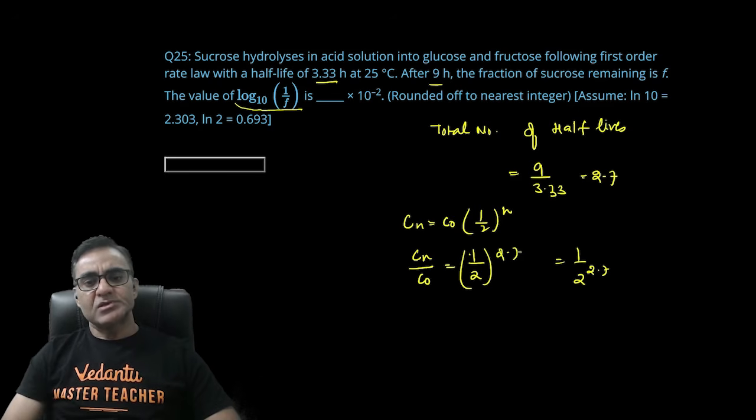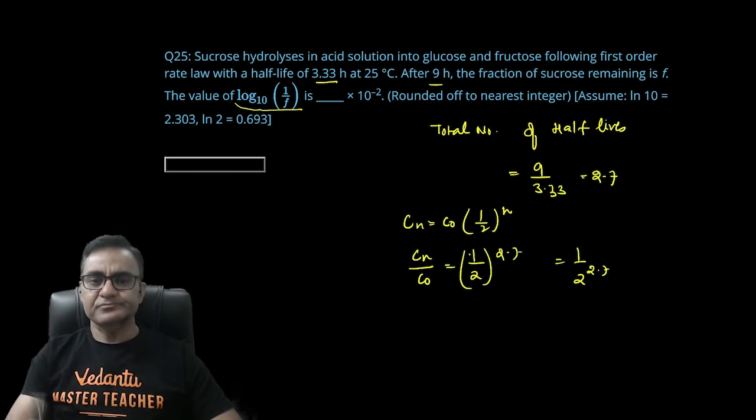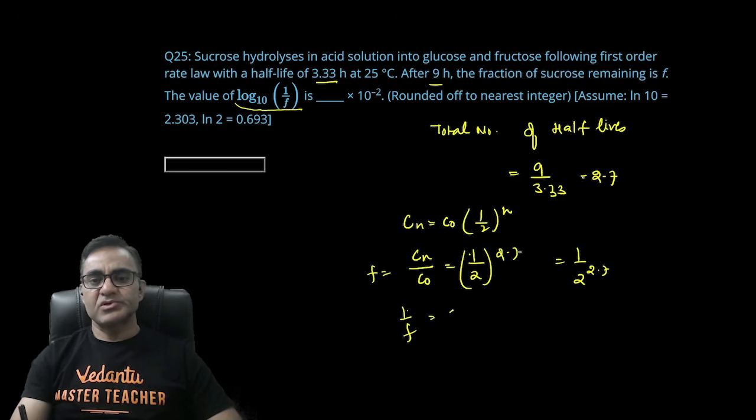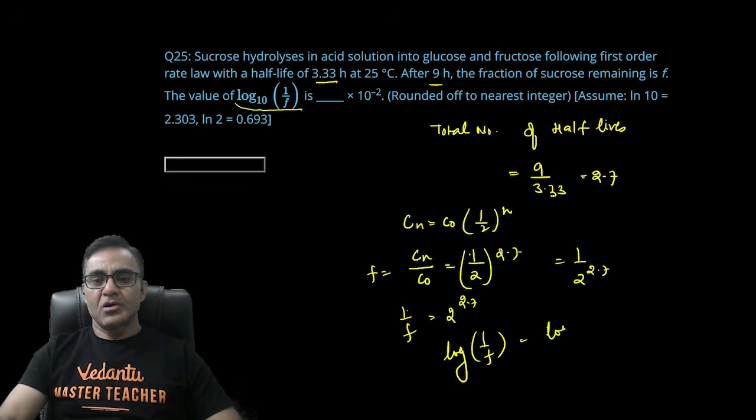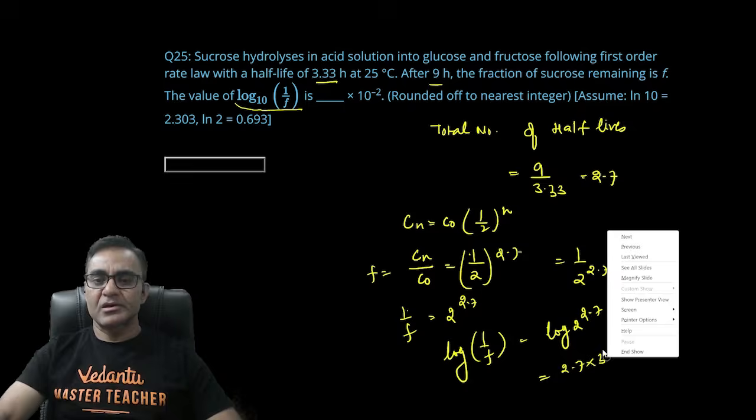So this Cn upon C naught is given, and you need to calculate the fraction of sucrose remaining, f. You need log 1/f, so 1/f is going to be 2 raised to the power 2.7. So log 1/f is equal to log 2 raised to the power 2.7, which comes out to be 2.7 log 2. Log 2 is 0.301.